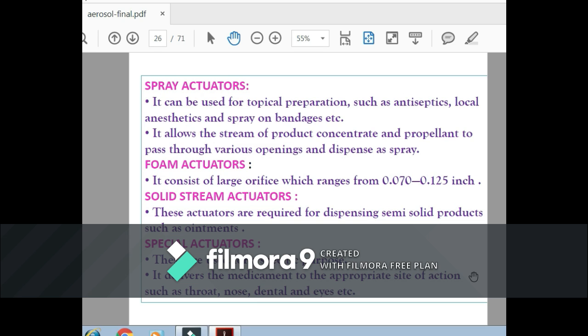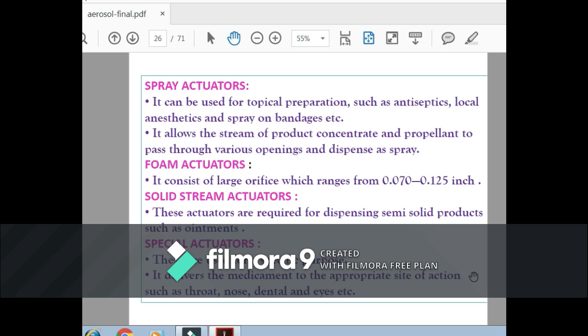See, these are the spray actuators. Spray actuators are used for topical preparations, and generally we deliver antiseptics as well as local anesthetics and sprays on bandages. So for that purpose we have to use the spray actuators.